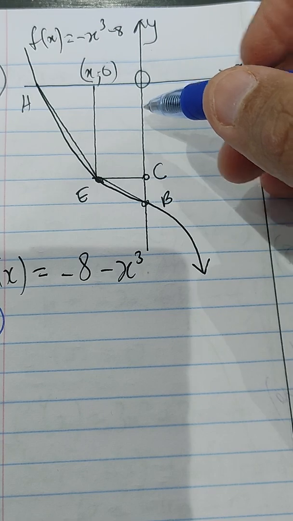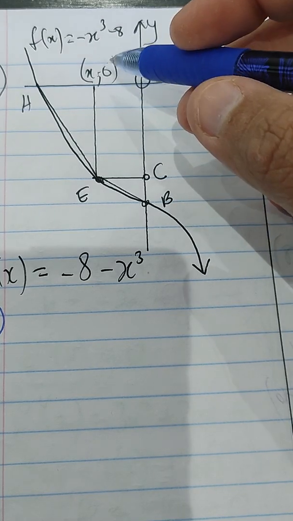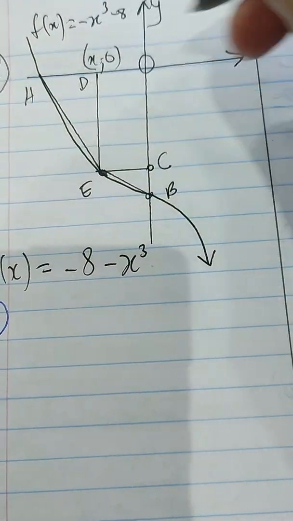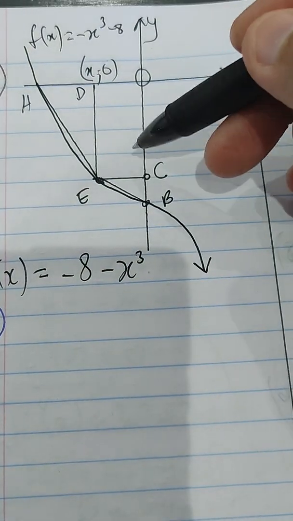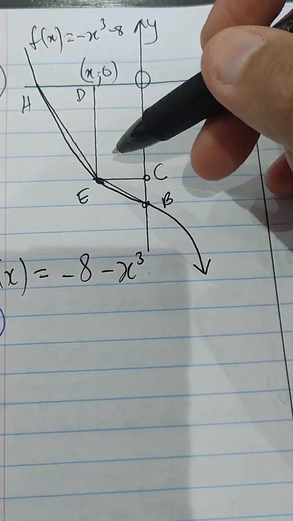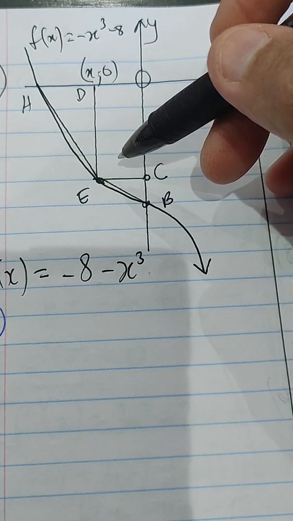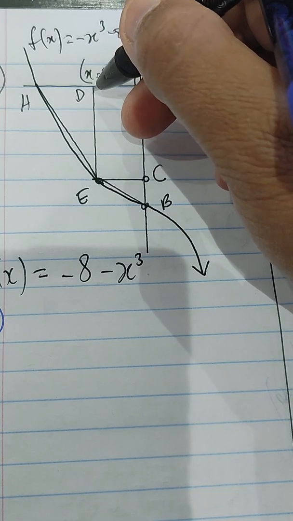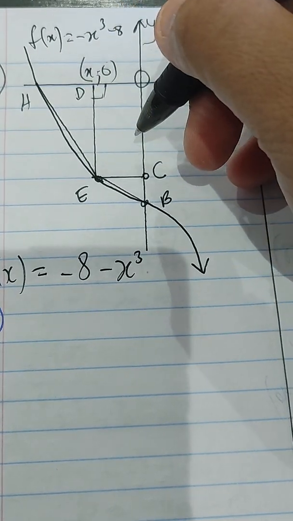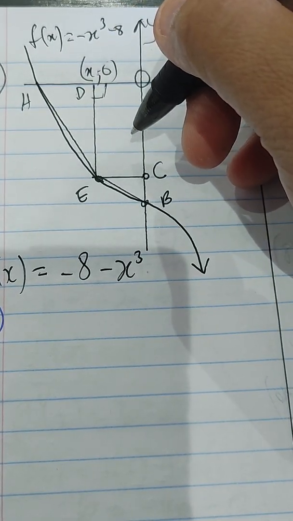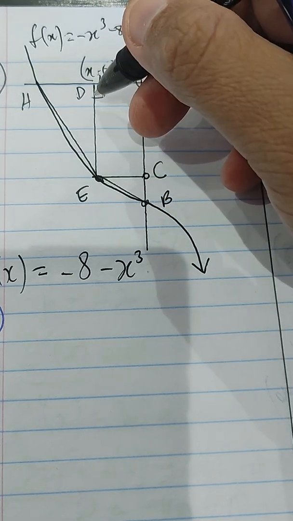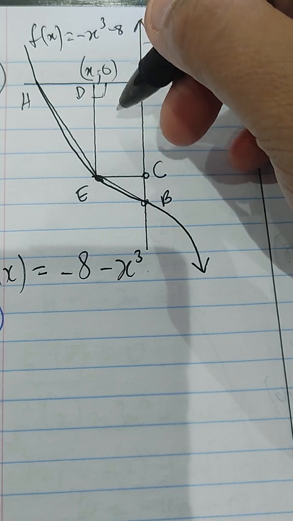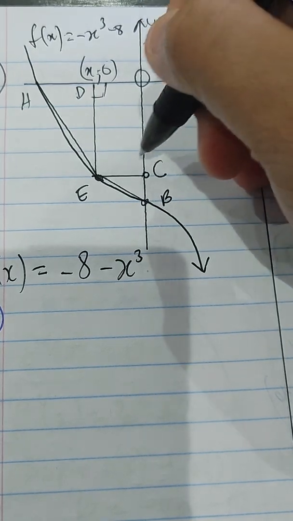H and B are on the x and y axis of f, and D is a point on f such that ED is perpendicular to OH and EC is perpendicular to OB.